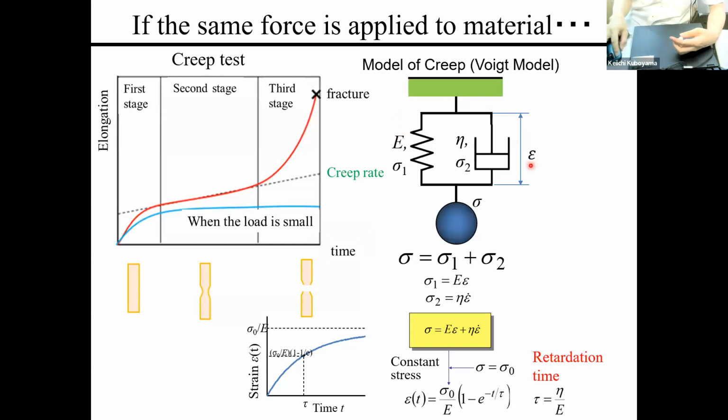For example, imagine there is a polymer film and you put a heavy weight on the film. The film will elongate slowly and continue to elongate, and at a certain value, the strain stops. This one is a graph of that phenomenon.